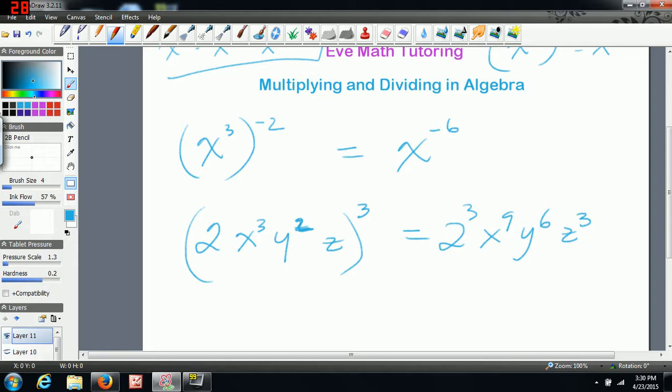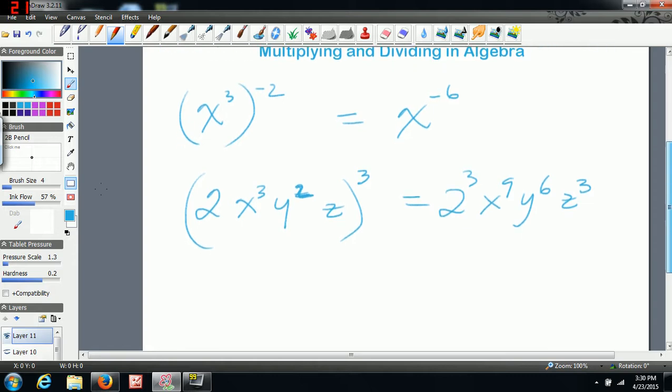And you could be given questions where you've got multiple things going on. Like, you could have this same thing, y to the 2z to the exponent, and then you've got 2x, y, z, or something like that, and say that had a power of 2, and you were asked to simplify something like that.